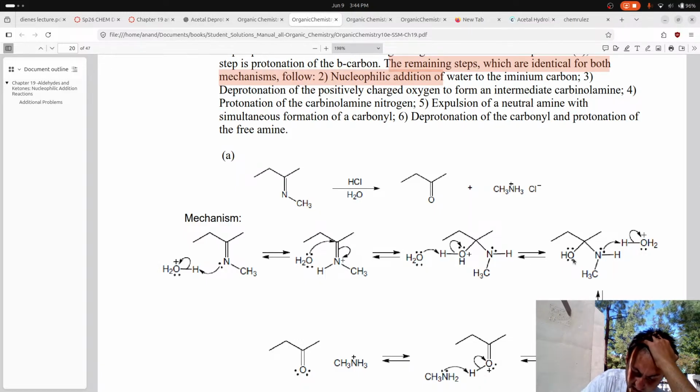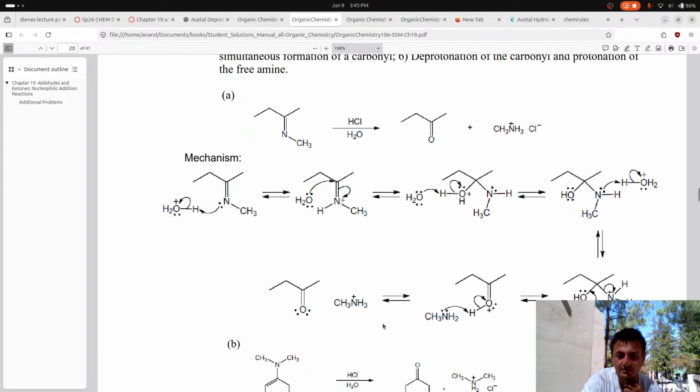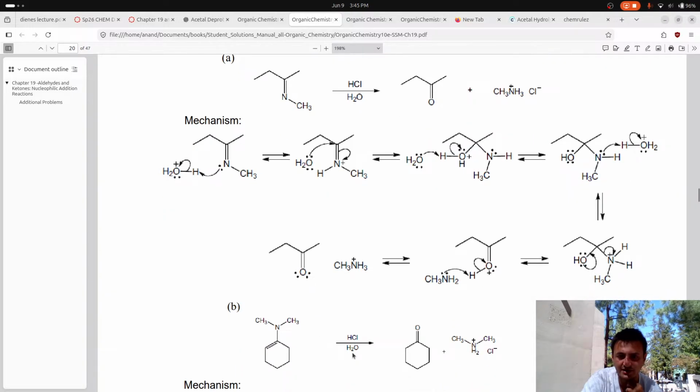Okay, so then acid again, lone pair, acid. So now you get another, it's not iminium, but it is a positively charged nitrogen, NH2 methyl, and then OH. And now that this is a plus, the lone pair comes in and dumps it, so then you get methylamine.